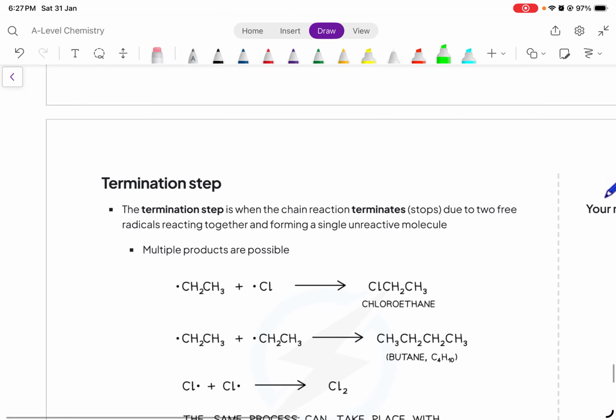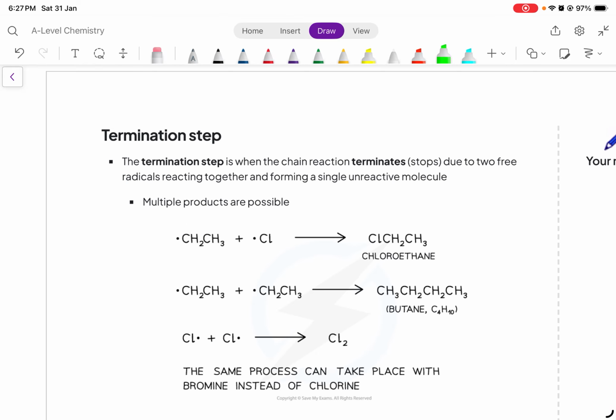Now, the termination step. Termination means when everything is stopping. So when does it stop? It's when we have two free radicals. Okay, two free radicals combine into a single unreactive molecule. There are a lot of things that we can do.